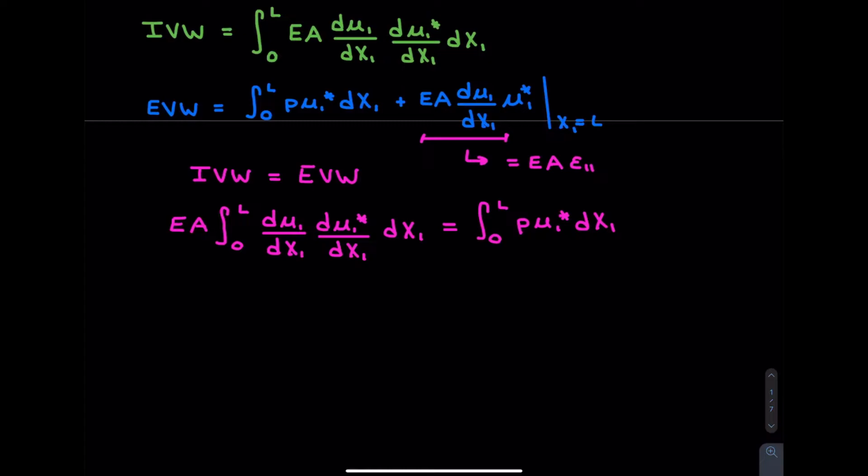We can go a bit further because we also know that EA multiplied by the strain is the same as that axial load P. So that's the big P right there, the one in orange. If I substitute that in, I actually get in my equation plus P times my virtual displacement function u1 star at the value of x1 equal to L.